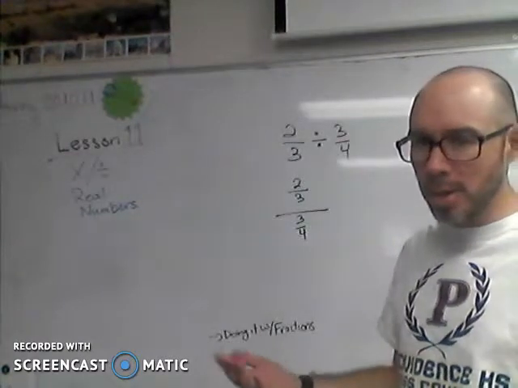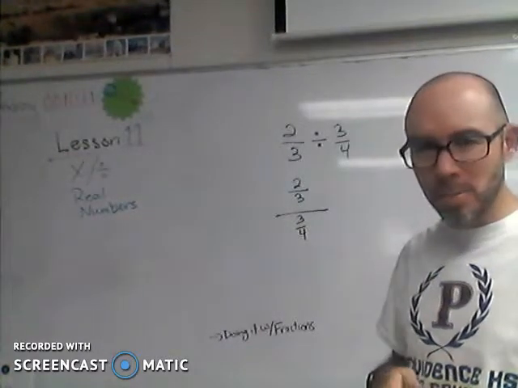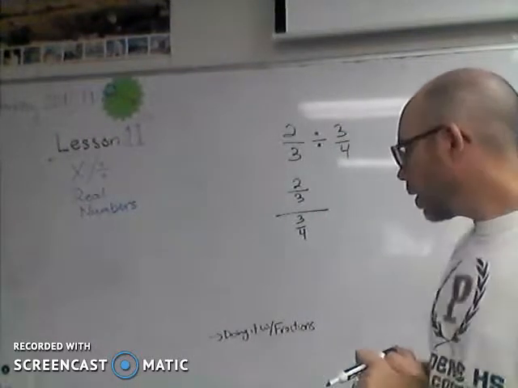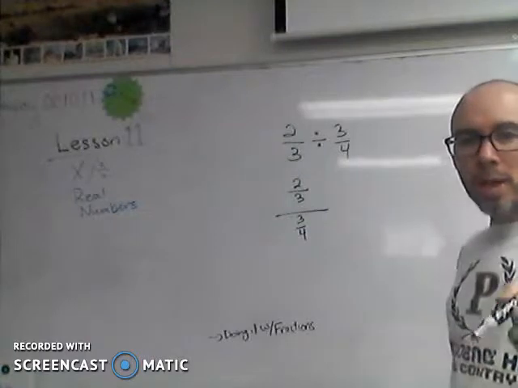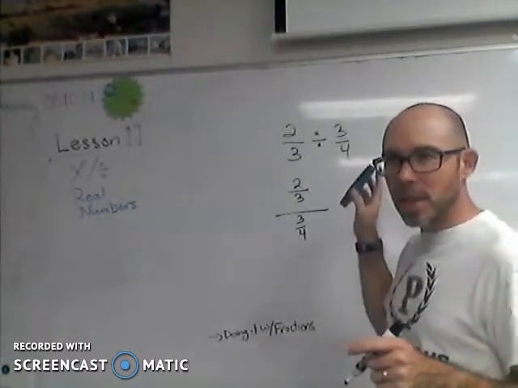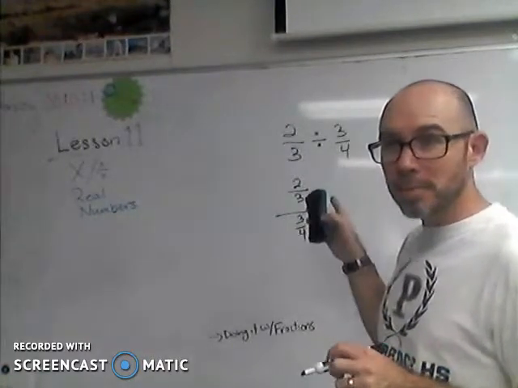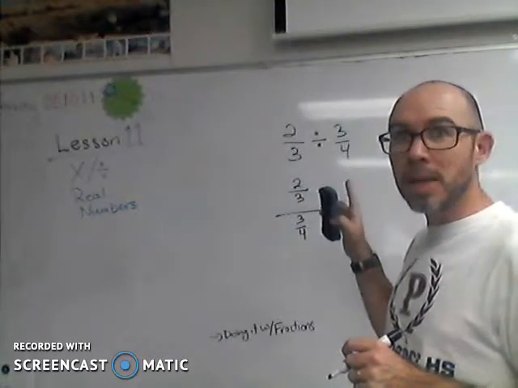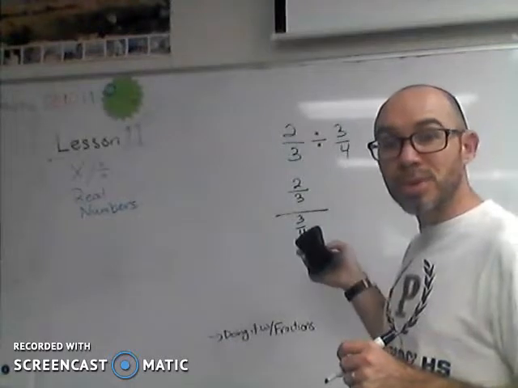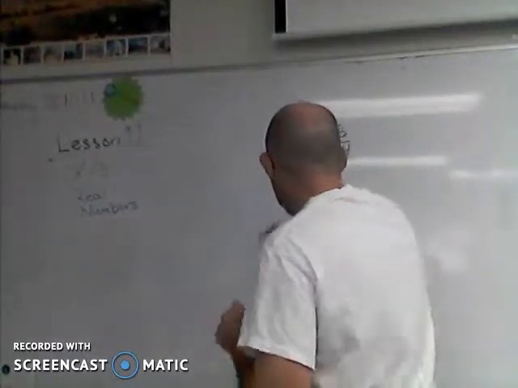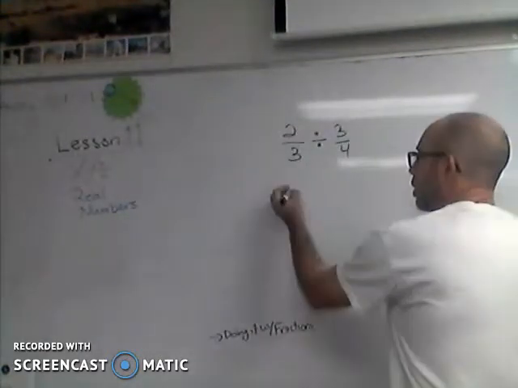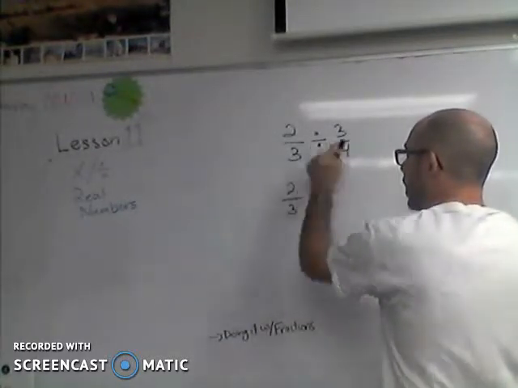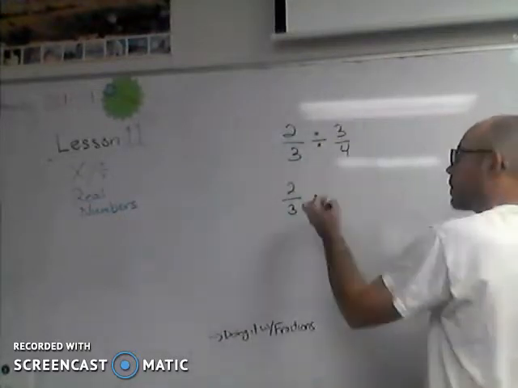I mean, we could do that. We could draw a picture, but it's kind of Singapore math, and I don't know how much of that you've seen before. So let's do what I talked about already, and that's say that dividing by something is the same thing as multiplying by its inverse or reciprocal. Okay? Instead of writing it with a fraction bar, let me write it like this: 2/3, and then we're going to multiply, and then we're going to flip this thing upside down.